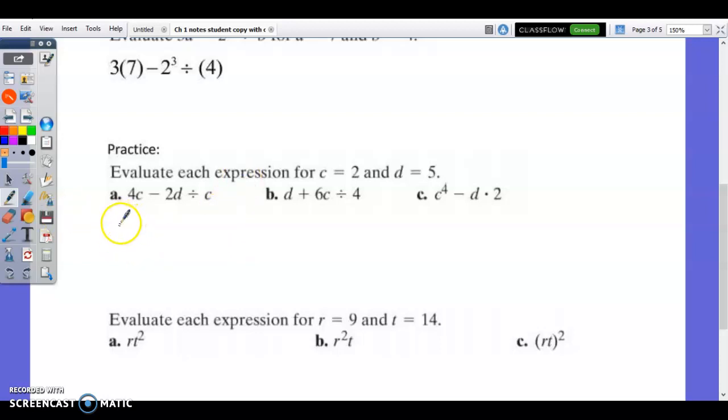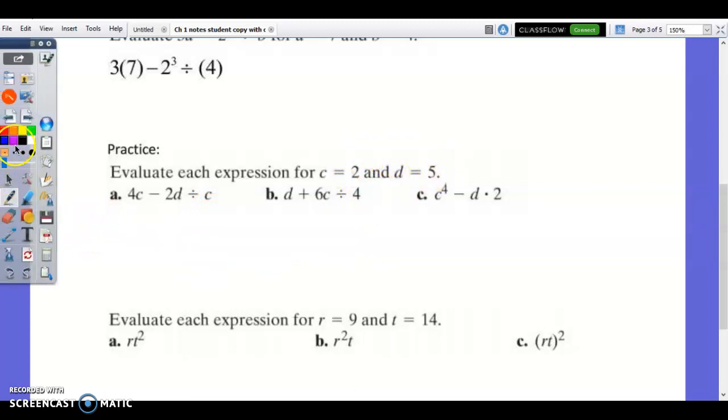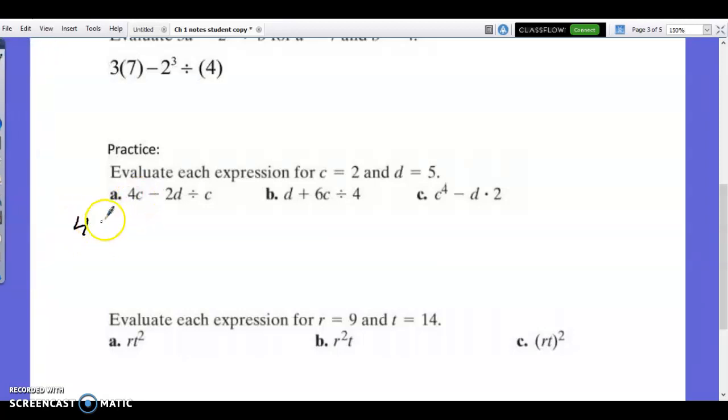So for example, A, I have 4 times C minus 2 times D divided by C again. In this case, C equals 2, D equals 5. So I'm going to rewrite this, and again, the substituted numbers are going to be in parentheses. I'm going to say 4, and then C is going to be replaced with a 2, so I'm going to put parentheses 2. Minus 2, D is 5, parentheses 5.